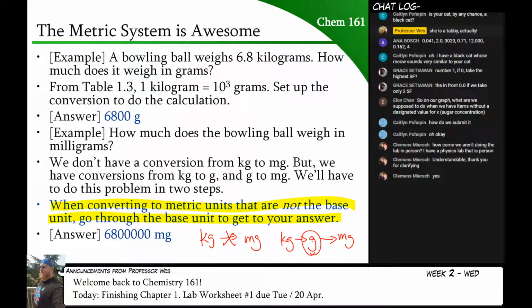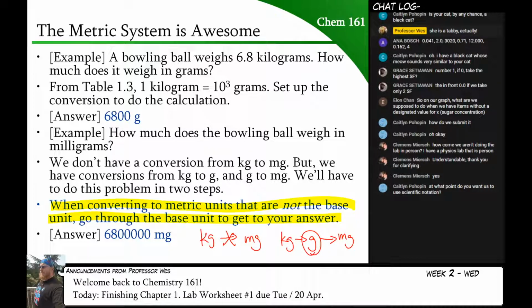And the reason for that is because the metric chart that you have been encouraged to memorize, but don't have to because it's an online class, has references that are only valid for transitions through the base unit. And if you go from one prefix to another, you have to start doing crazy stuff with both memorization and then mental arithmetic. Don't make it harder than it needs to be.